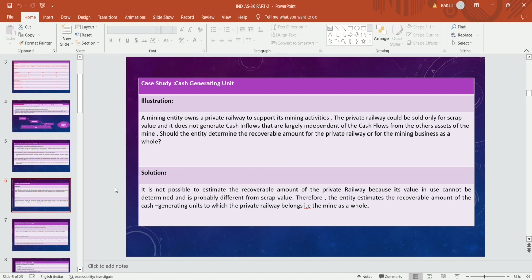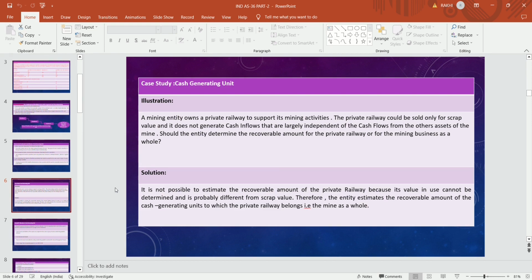Its cash inflows cannot be determined, and it is probably different from scrap value. Therefore, the entity estimates the recoverable amount of the cash generating unit to which the private railway belongs, that is, the mine as a whole, not the individual private railway.